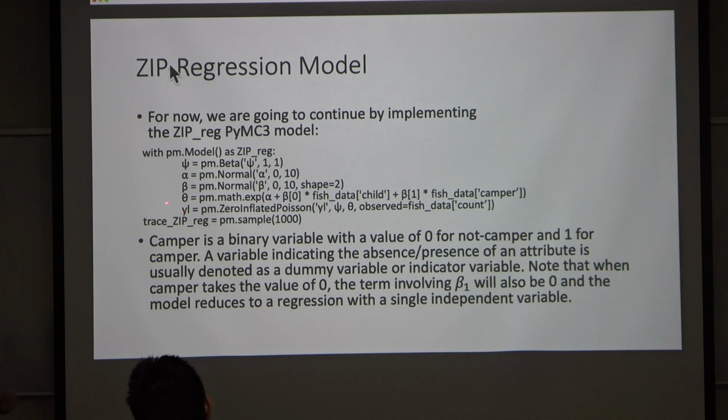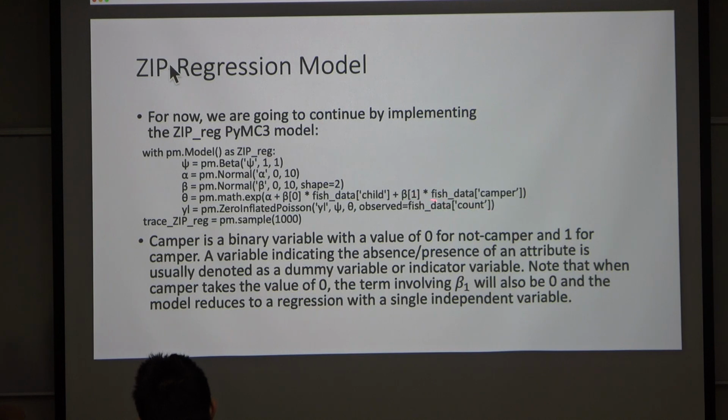Once we get this theta, which is the exponential of this thing, we put it in the ZIP distribution. We put in the psi, theta, and the observed data, which is the count.